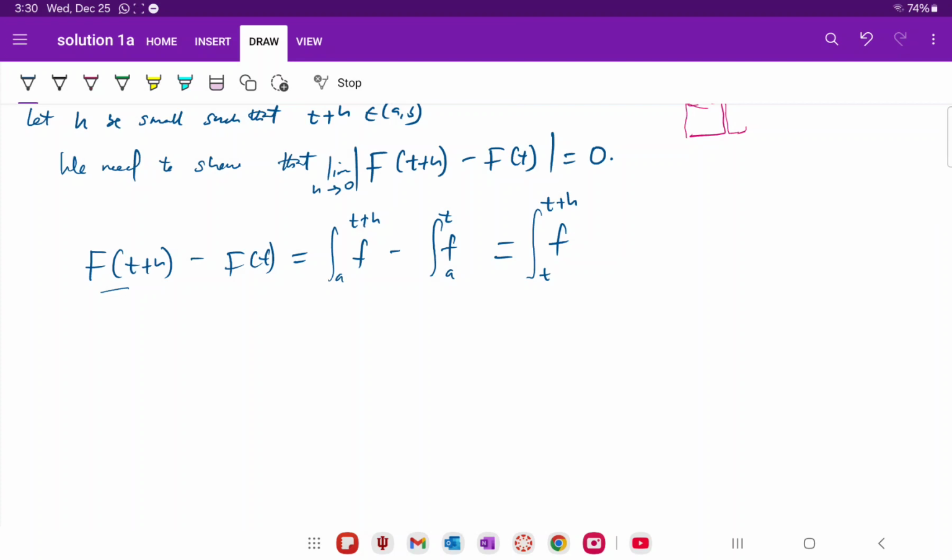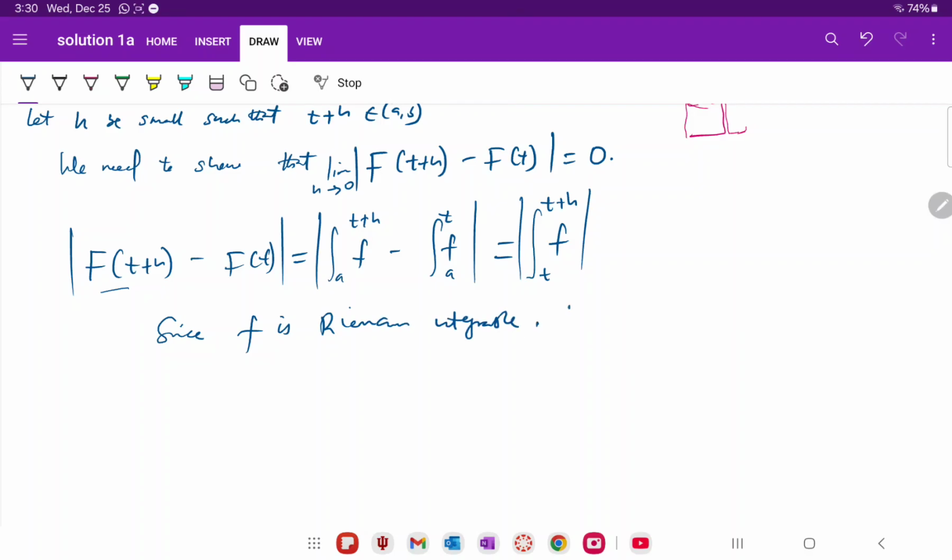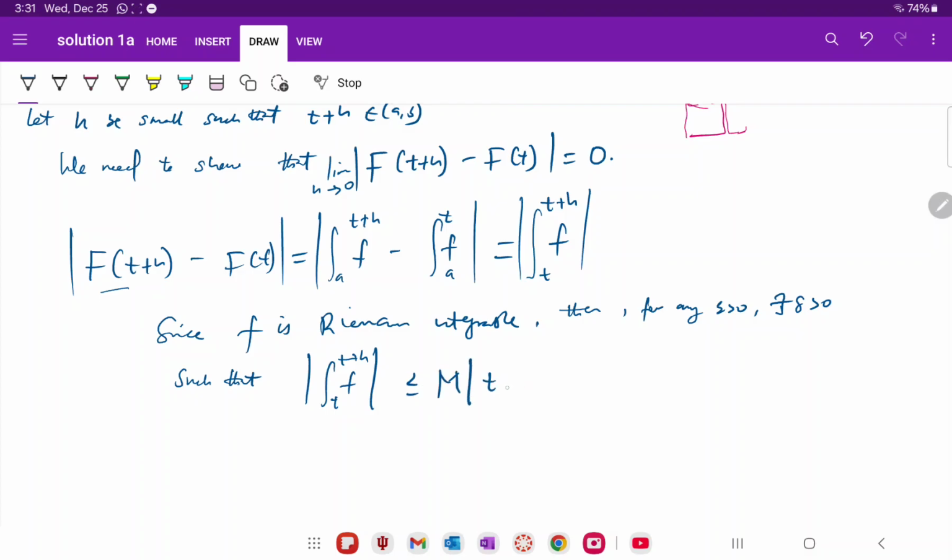Then we can now bound these. Since f is Riemann integrable by the hypothesis, it is bounded, so the integral from t to t plus h of f is less than M times the length, t plus h minus t.